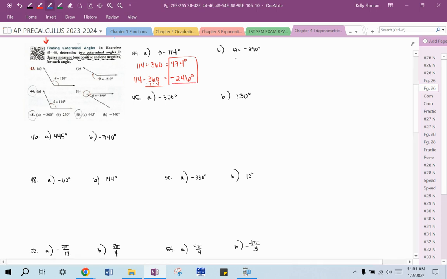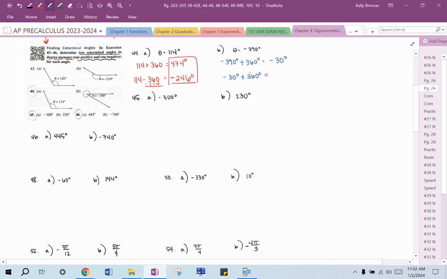And for the next one, negative 390. So here's an angle that's already bigger than a full circle. I could subtract 360, but if I add 360, I still get a negative 30 degrees. So that is one negative coterminal angle. And I like to do that just because I think the math is easier. And then if I want to find a positive coterminal angle, use the negative 30 degrees because that's coterminal, and then add another 360 onto that.